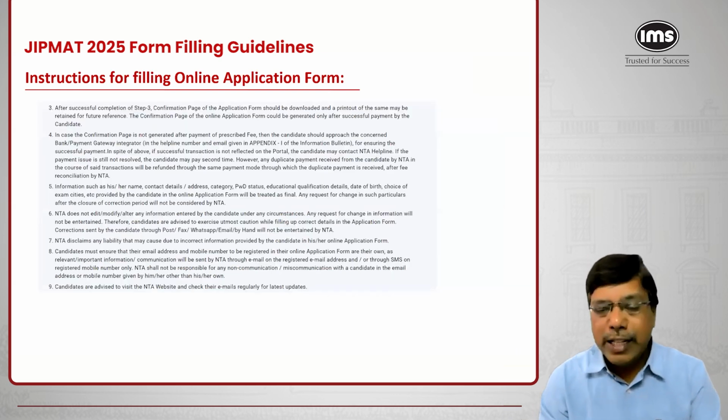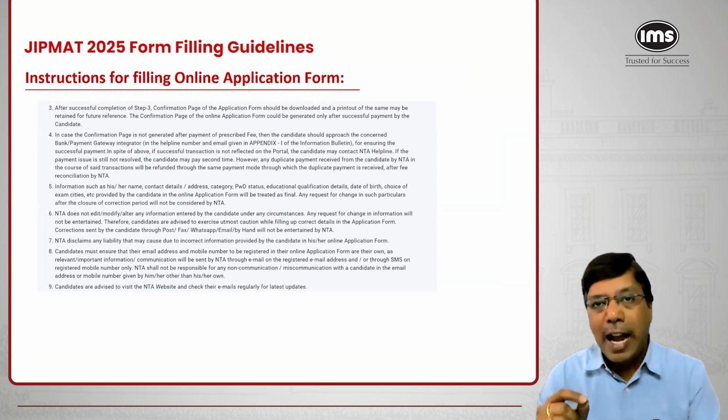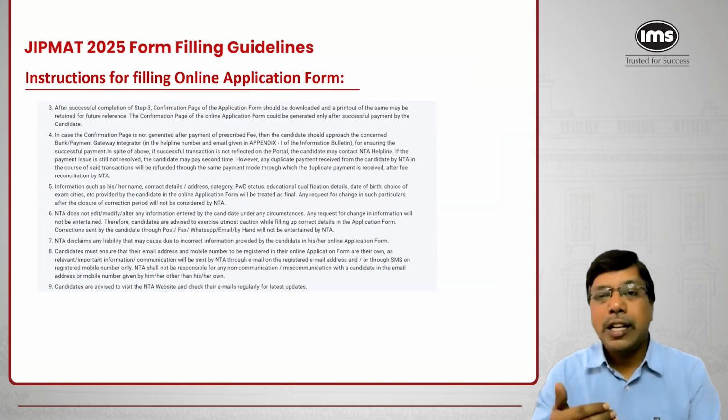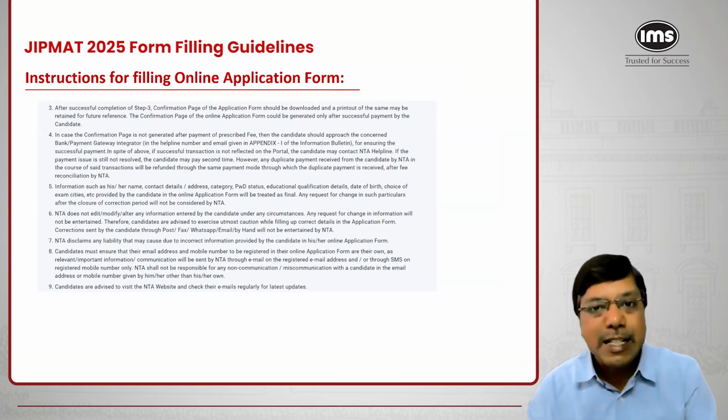And once you go through all these details, you will notice that once you enter certain details like your name, date of birth, category, etc., you can't change them once the application form is submitted.